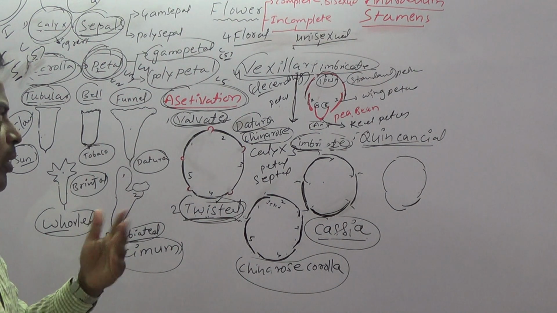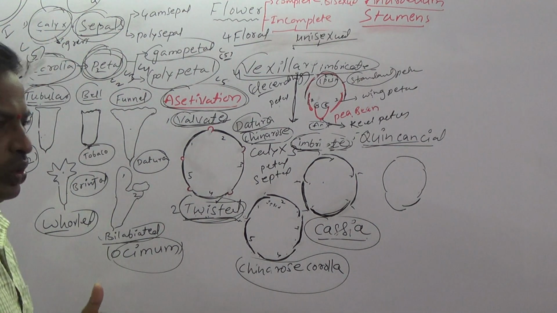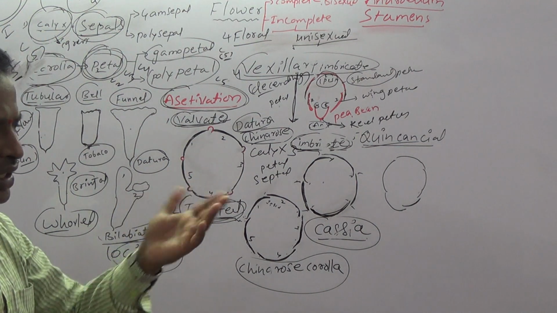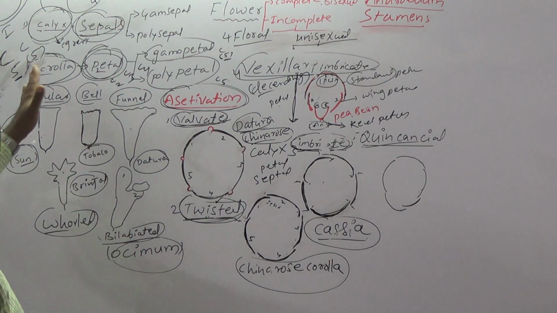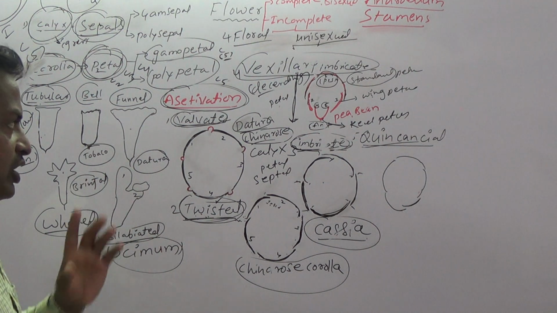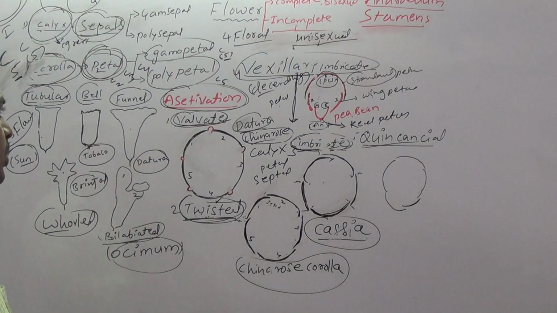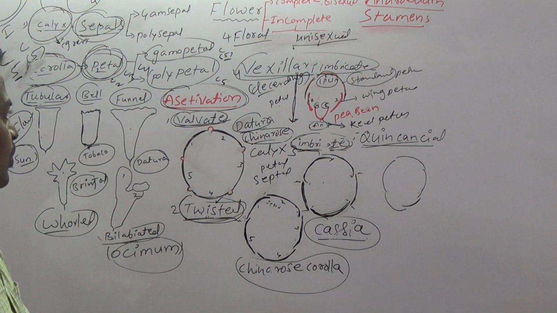What type of calyx and corolla is reported in these three families is very important. Estivation, examples, arrangements and numerical bits are also very important. Morphology is also very important.